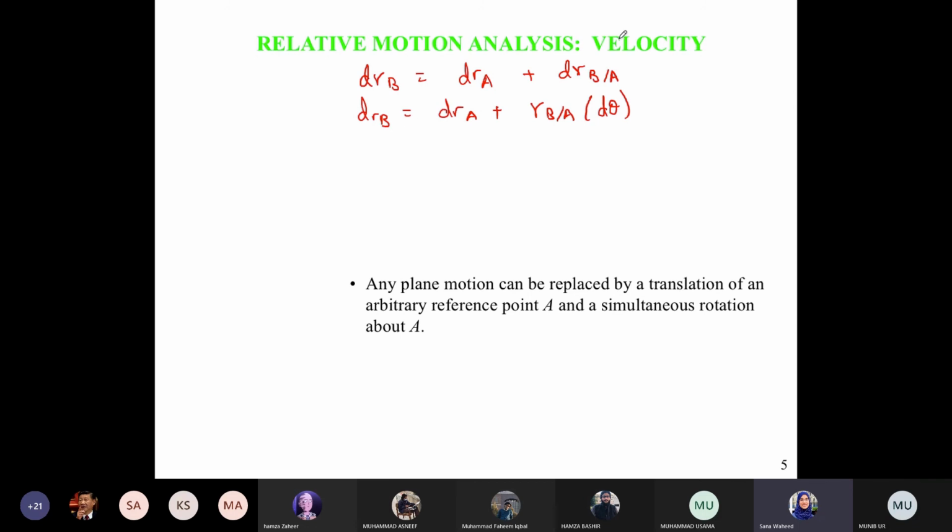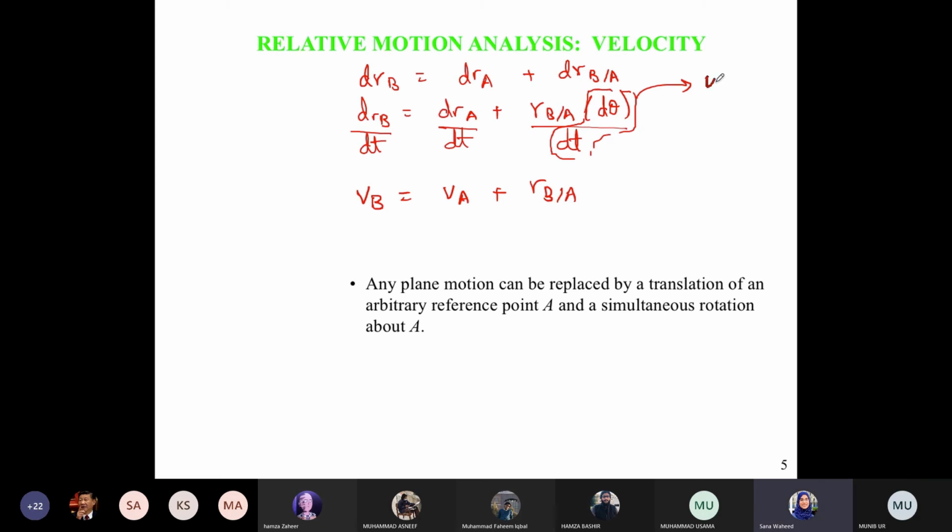Now if I want to get to the velocities, I just need to divide all of this through by dt. I can see that d r_B by dt is the absolute velocity of B, and d r_A by dt is the absolute velocity of A. And here I have r_B/A multiplied by d theta by dt, which is what, do you remember?